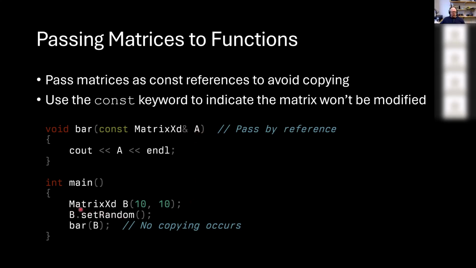In this case, I have a MatrixXd B, 10 by 10, which I pass over to the function. Because of the const keyword here, the compiler makes sure that this matrix is not modified in the bar function. You can use it wherever, but you can't do operations that change the value of the matrix.